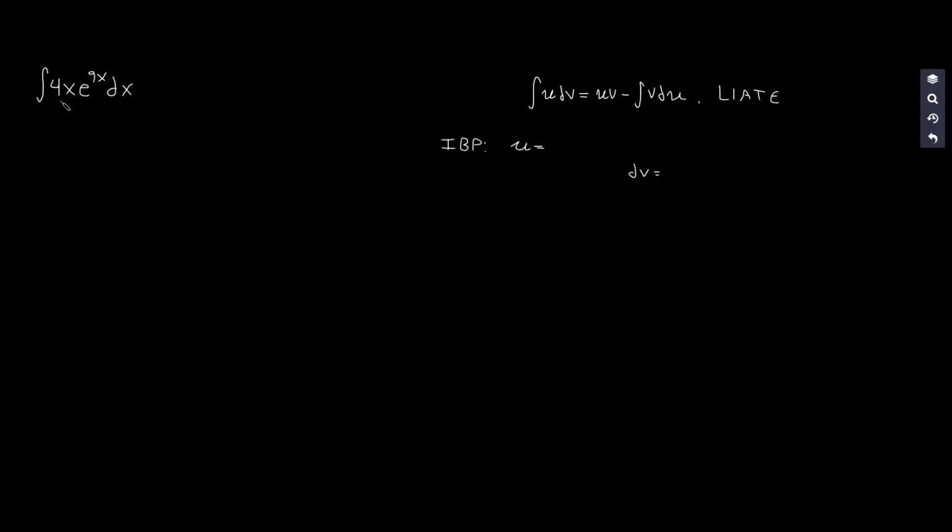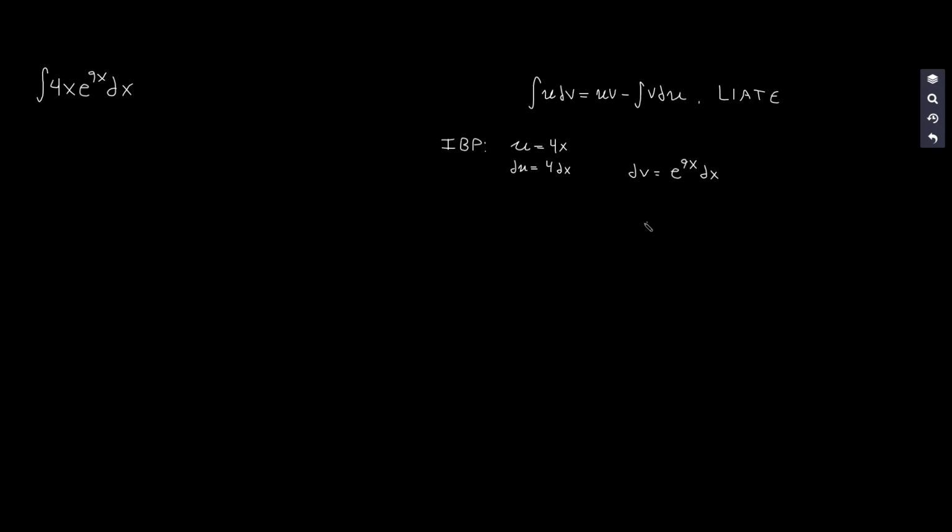Technically we could factor out that 4 and just multiply it to the result at the end, but we can do it like this too. So u is 4 times x, and the derivative of 4 times x is going to be 4. And since we set u equal to 4 times x, dv is going to be e raised to the power 9 times x, and then we're going to integrate that.